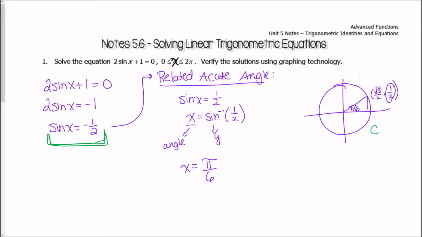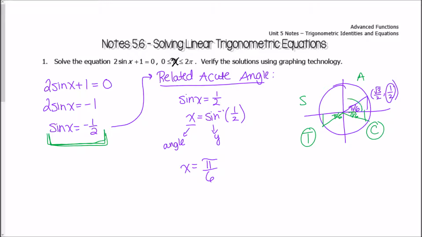So using the CAST rule, I know that sine is negative in quadrants 3 and 4. So I'm going to draw a picture of the two congruent triangles that do work with related angles of pi/6. My related acute angles inside of here are pi/6.